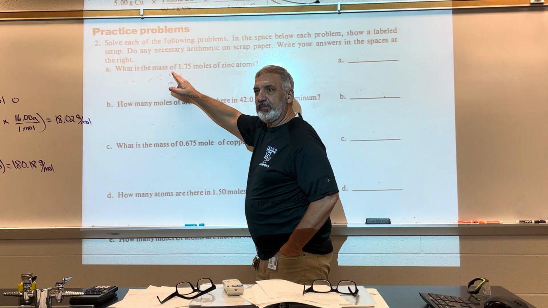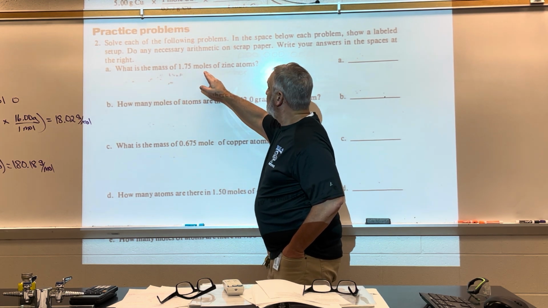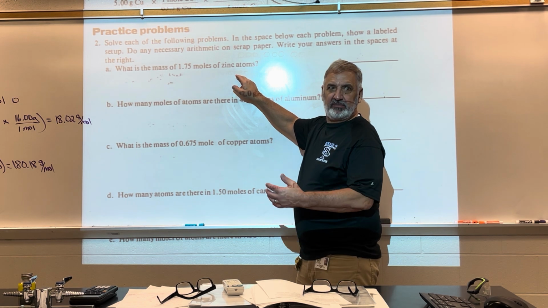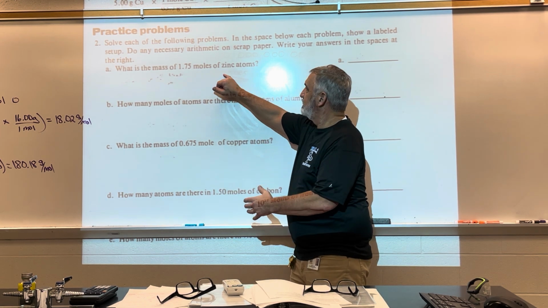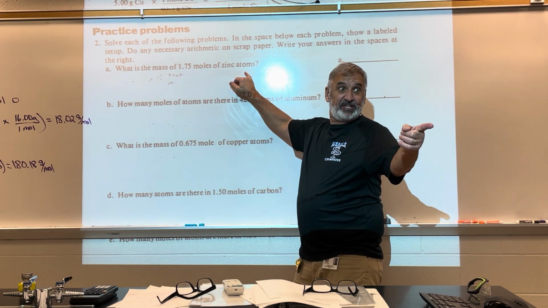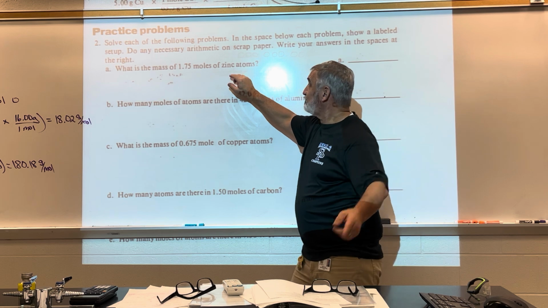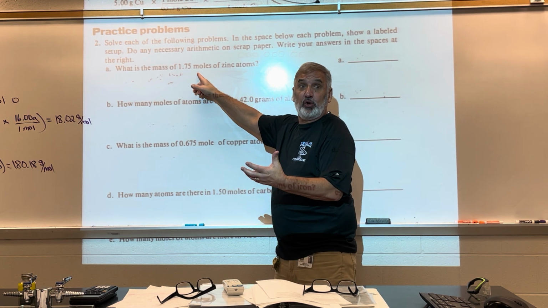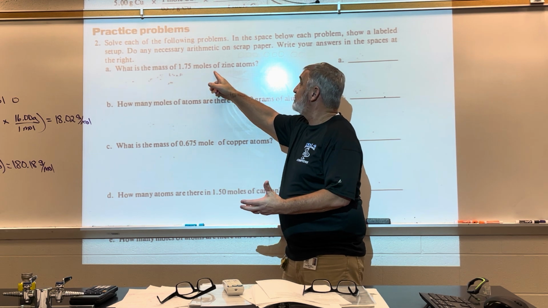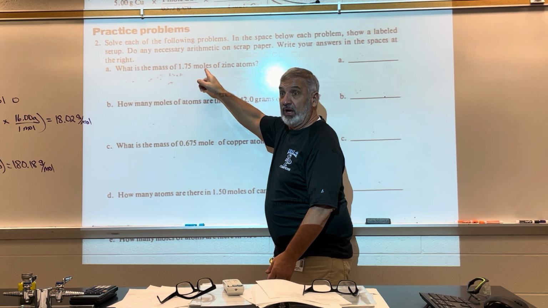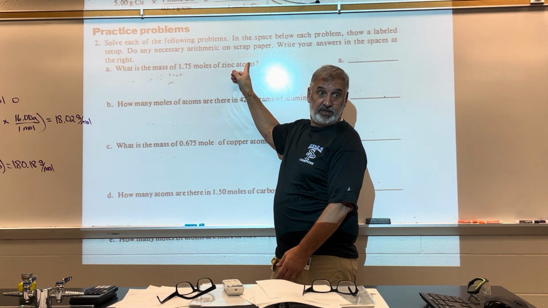So it's asking for the mass of this many moles. The "of zinc atoms," what's the grammatical, what is this? It is a prepositional phrase describing, it's used as an adjective, describing what moles we're finding. We're not finding zinc atoms, we're finding moles of zinc atoms, right?